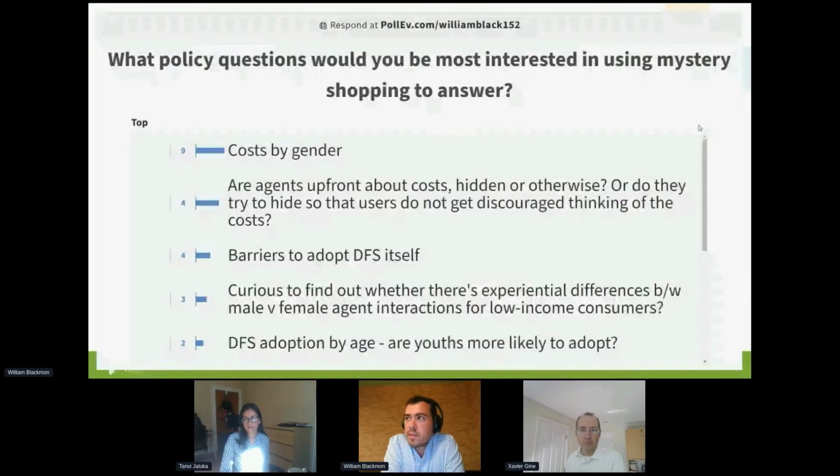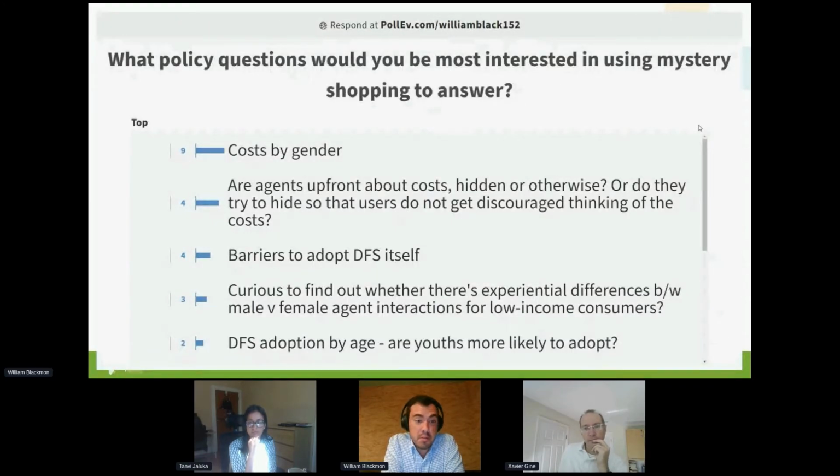In consumer surveys that we've done in other contexts, we've asked about things like agent misconduct and agent overcharging, and we've gotten somewhat unexpected results where, at times at least, women are reporting less misconduct than men. But it's not totally clear what's driving this.